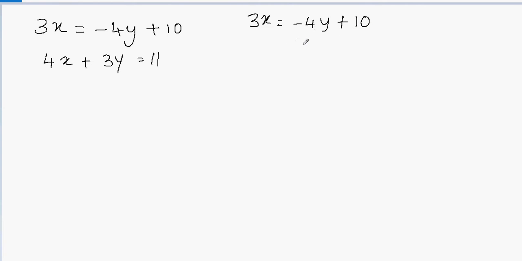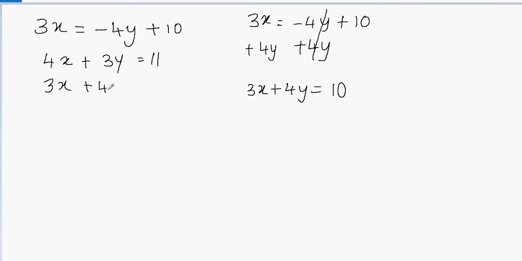To get rid of negative 4y, I can add 4y on both sides of the equation. Now 3x plus 4y will be as it is, because you can't add unlike terms, is equal to negative 4y plus 4y will cancel out each other. I'm left with 10 here. So I can write this here: 3x plus 4y is equal to 10.